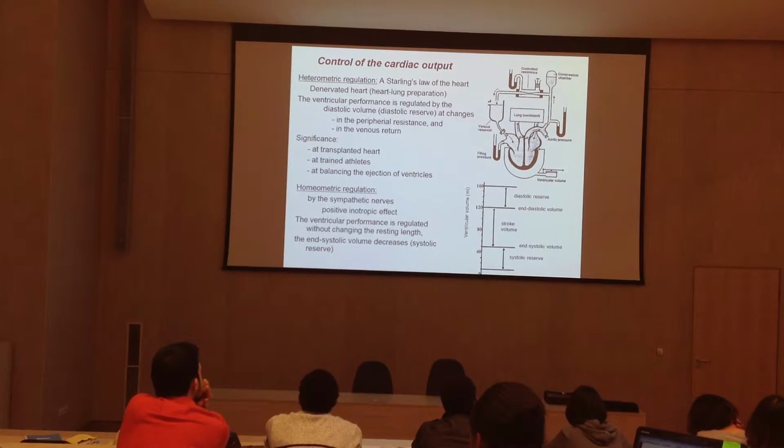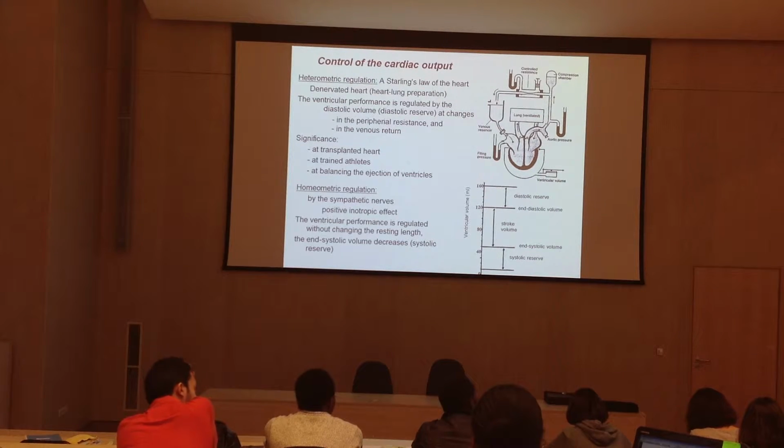The second case is easy to understand. If more blood flows into the ventricle, not 70 milliliters, but 100, 120, it is very simple, because the end diastolic volume will be larger, the fibers will be stretched, and the increased volume will be ejected.